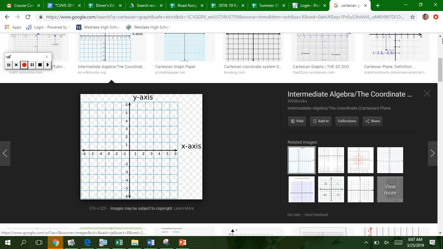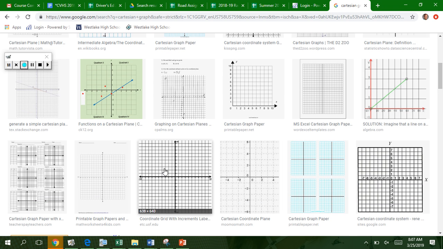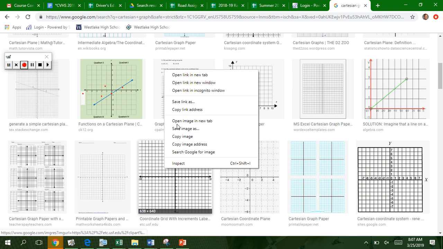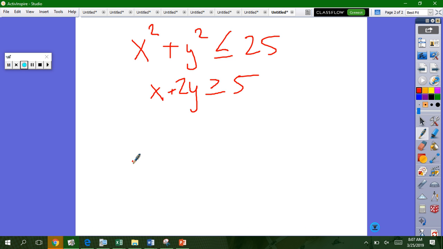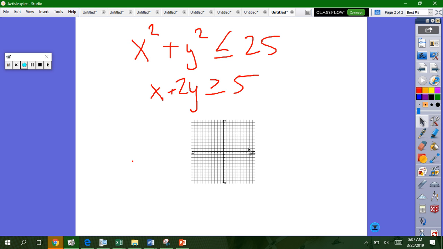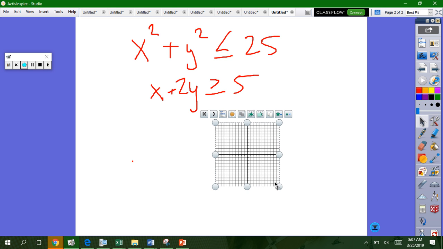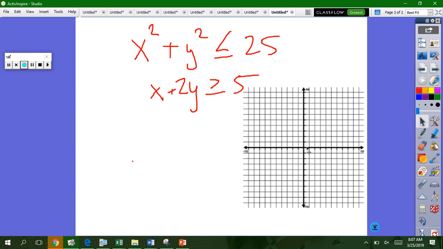Nope, that one's not big enough. All right, so we'll make him a little bit bigger. Everybody good with that? All right, here we go.